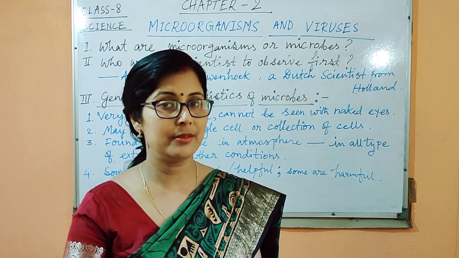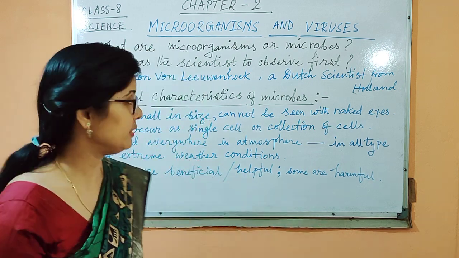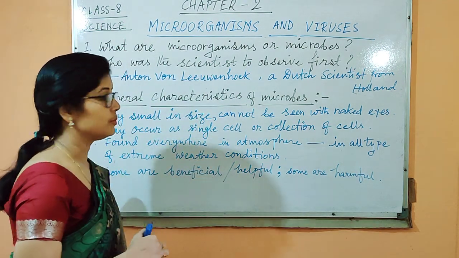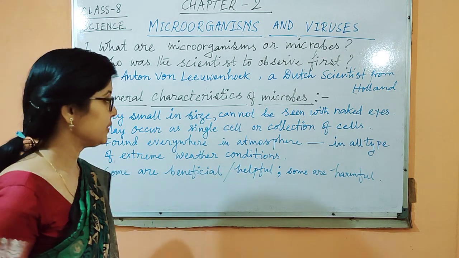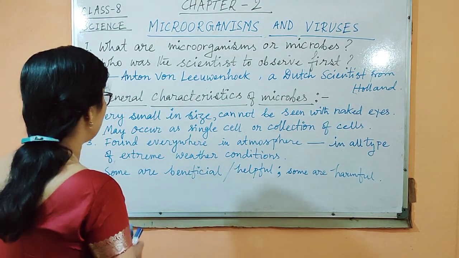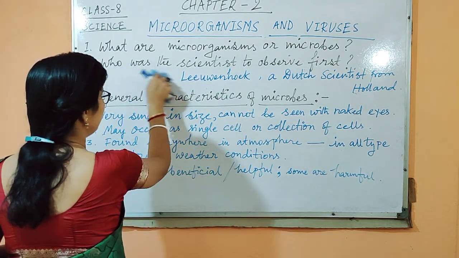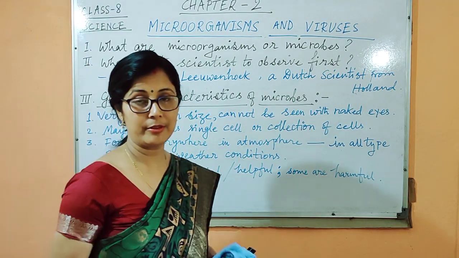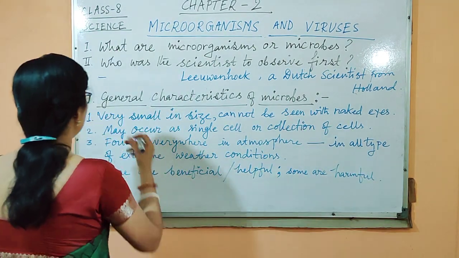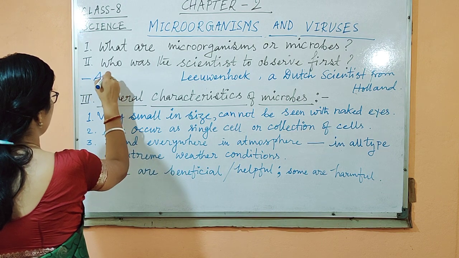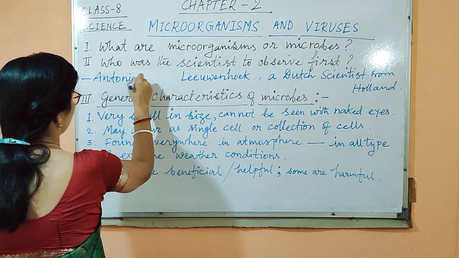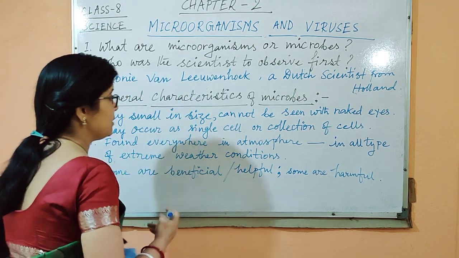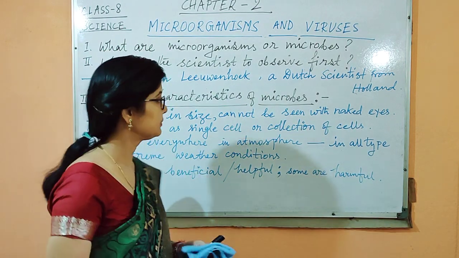So he could not observe the living cells. It was Anton van Leeuwenhoek who first observed the living cells. Sometimes you can find it written as Antony van Leeuwenhoek; both are the same. Any of these two you can write.